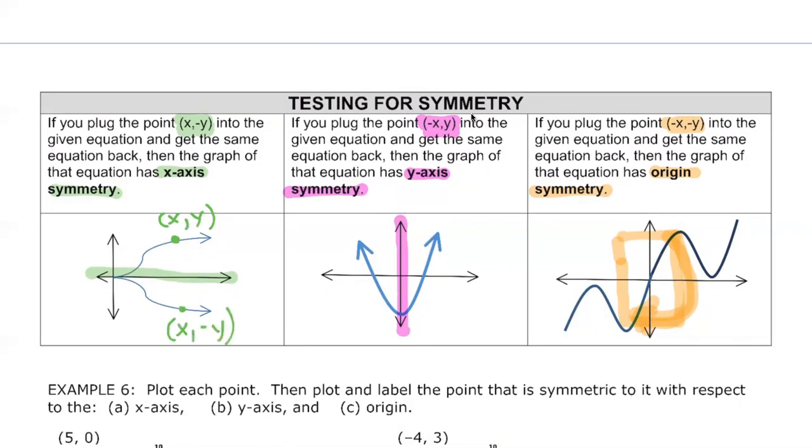And then for the y-axis symmetry, notice if you have positive x comma y and it's symmetric around the y-axis, when you flip it over, now the x is negative, but the y is still positive. And then in our last case over here, notice again, if you have a positive x comma y and you rotate it all the way around into that diagonal quadrant, this would have both a negative x and a negative y here. So we're going to use that information.